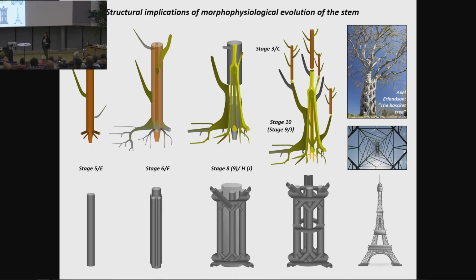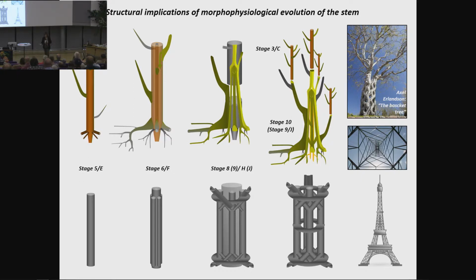Maybe it's a Gothic column. And later on, with the heartwood formation, then the cavitation, and the production of cambial bridges, and here even stronger, we can maybe think it's an Eiffel Tower shape, Eiffel Tower model.